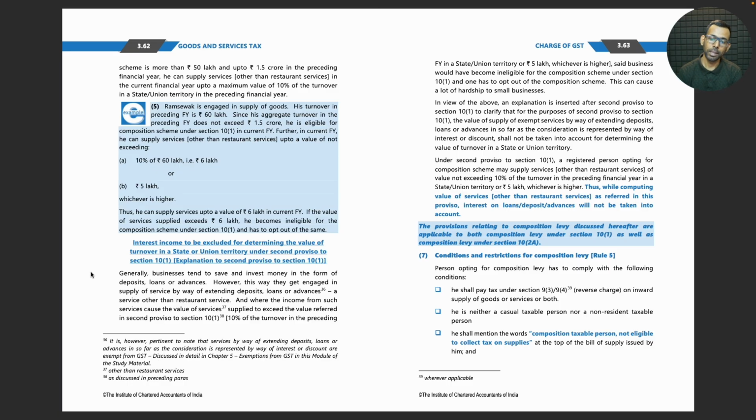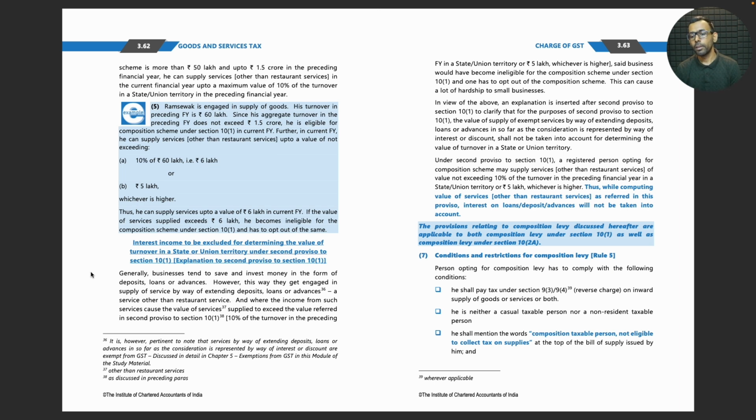Under second proviso to section 10 subsection 1, a registered person opting for composition scheme may supply services other than restaurant service of value not exceeding 10% of the turnover in the preceding financial year in a state or union territory or 5 lakhs, whichever is higher.